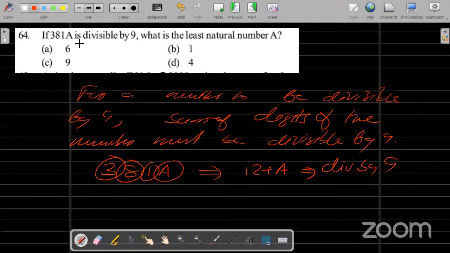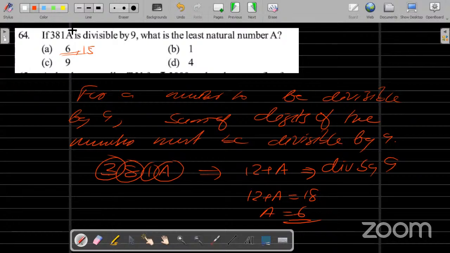So for A, using the options, 12 plus A should be divisible by 9. The next multiple of 9 greater than 12 is 18. So 12 plus A should be 18. A must be 6, or you can use options. 12 plus 6 is 18. So the least natural number A should be 6. Or else 6 plus 9, 15 also is possible, right?